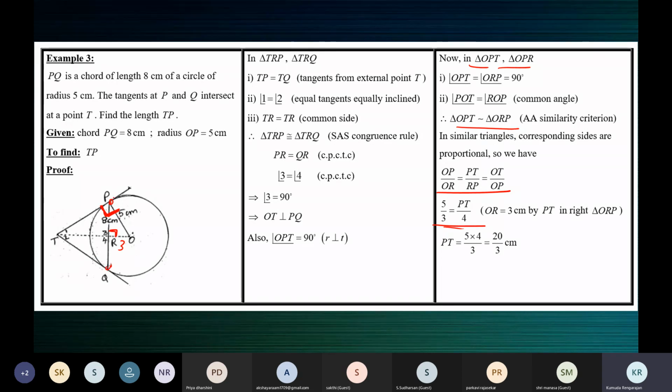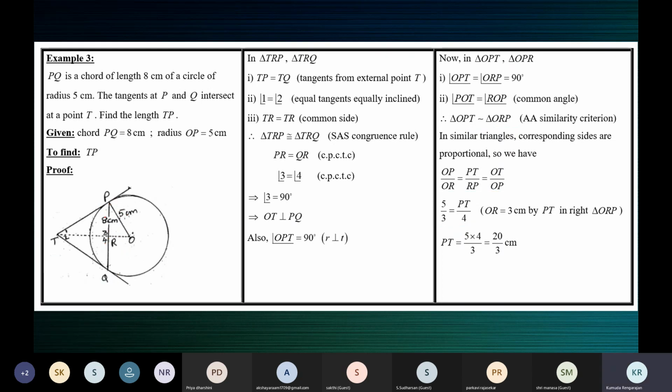That means PR is 4, RQ is 4. Because PQ is 8 centimeters, PR and RQ are 4, 4. Again, CP, PR is equal to RQ. So you can find OR using Pythagoras theorem.